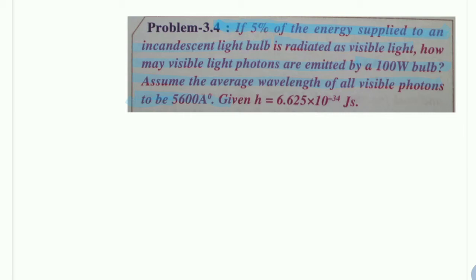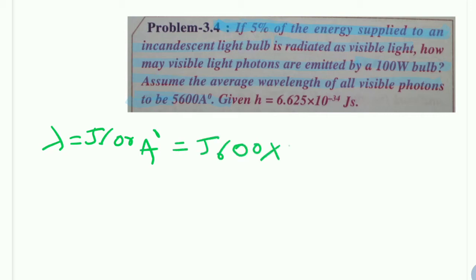So from the question, the given information: lambda is equal to 5600 angstroms, and this converts into 5600 into 10 to the power of minus 10 meters. The energy of a photon E is equal to h c by lambda.